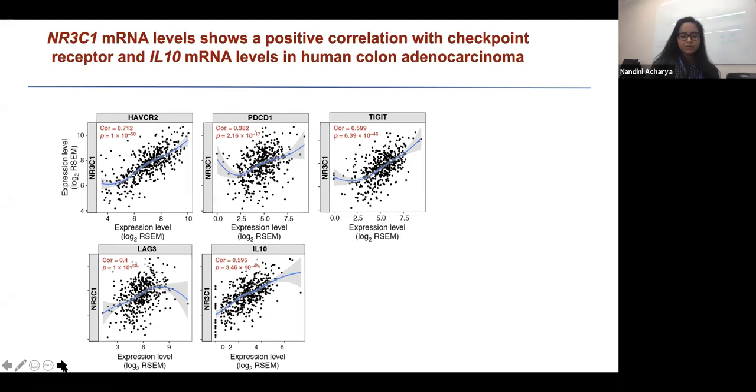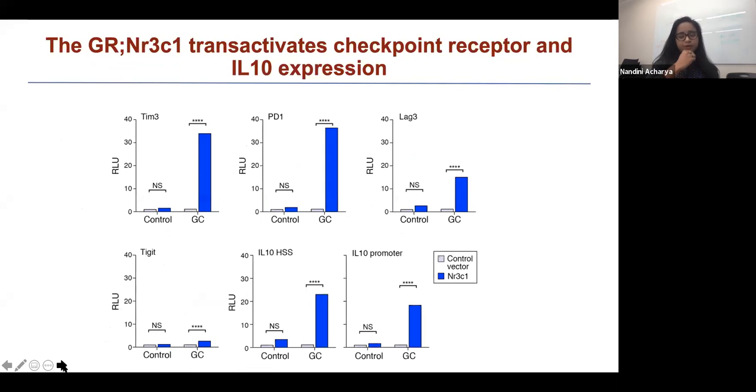So with this, we came to the conclusion that maybe the glucocorticoid receptor, which is a ligand-activated transcription factor, could directly be binding to the promoter of these genes and transactivating their expression. So to test this hypothesis, we performed a luciferase reporter assay.